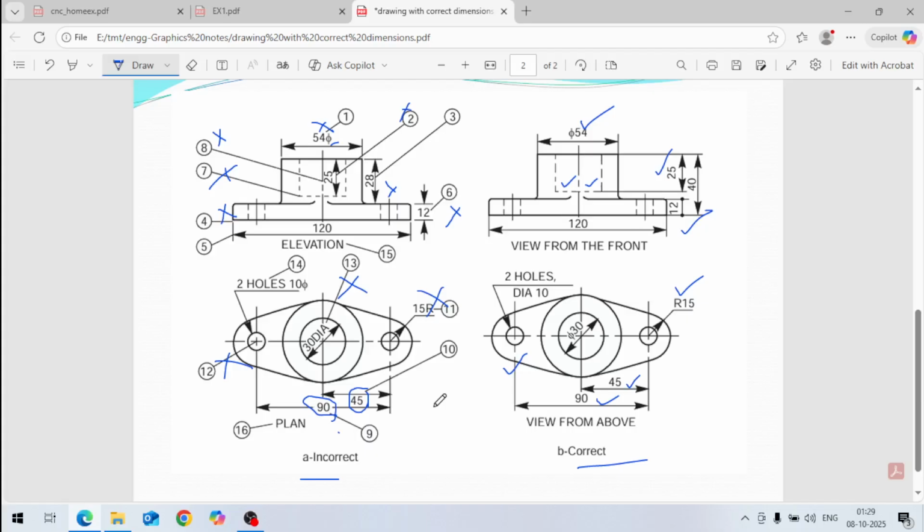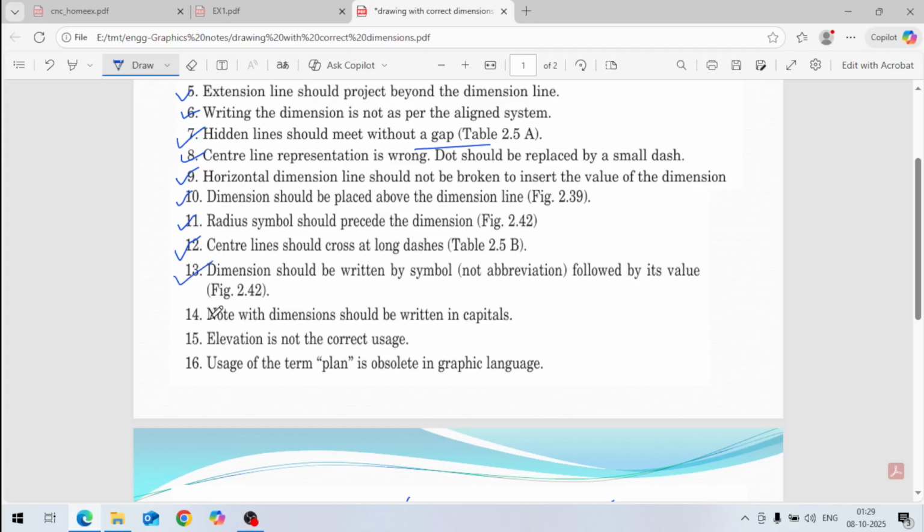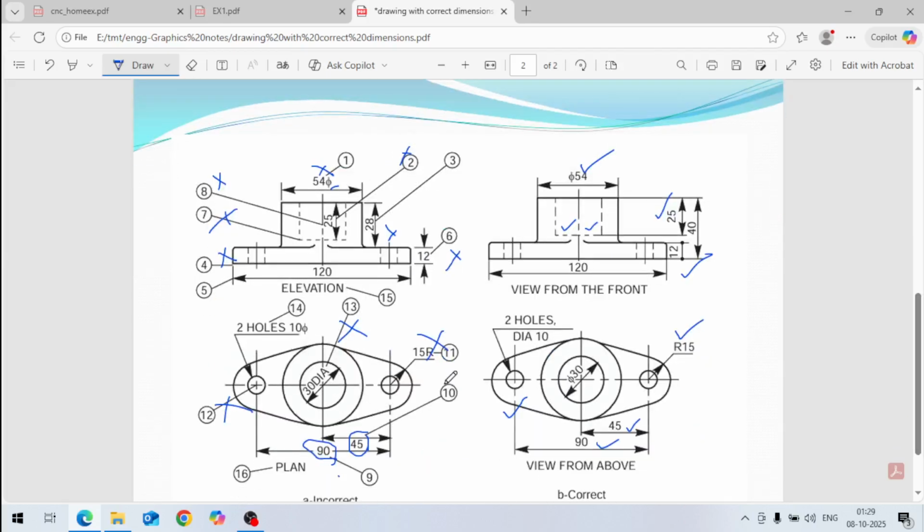And at 14 number, what is given here, we have discussed this: notes with dimensions should be written in capital letters. These 2 holes dia 10 like this. It is written here as 2 hole 10 dia. So this is wrong, and this is okay. So this note should be written in capital letters like this only.